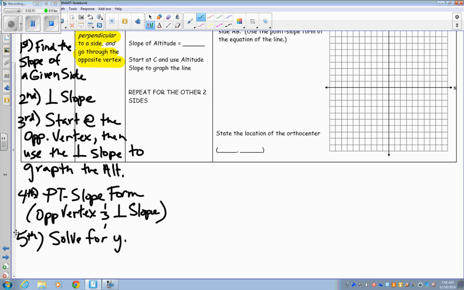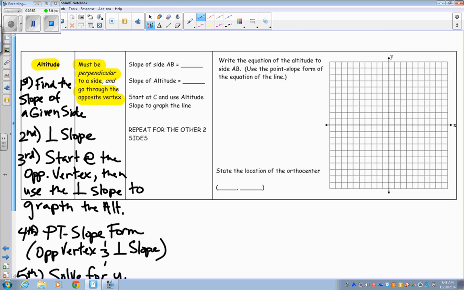So the first thing we are going to have to do on this problem is, and I don't see the points here because it was on the other side, but our points were A was -4, 1, and B 2, 7. We used the same triangle. C 4, -3. Well, now we're going to do the altitude.